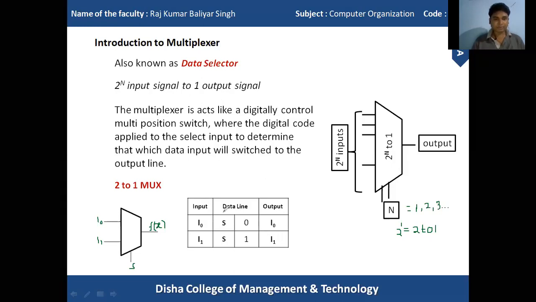So the combination of the input signals and the select signal produces the output. That means it decides the f of x.